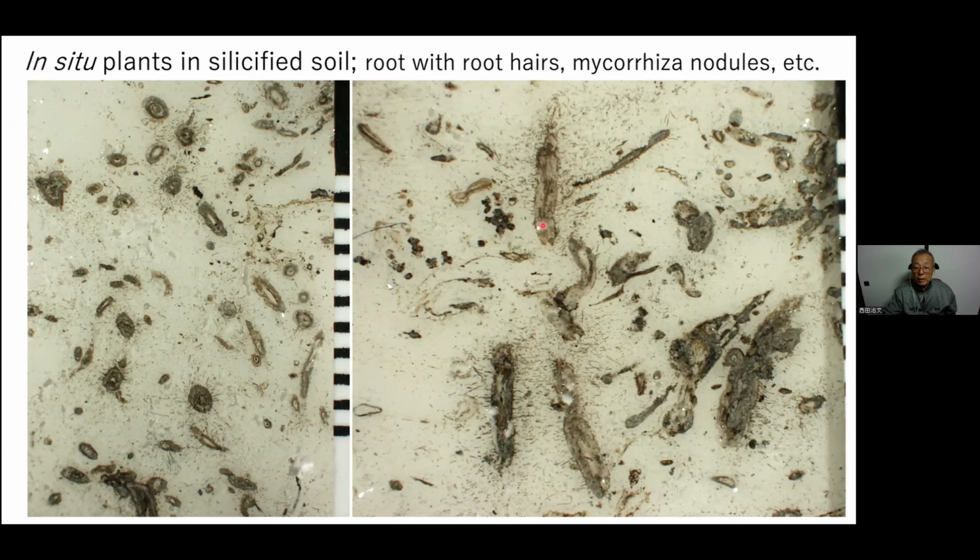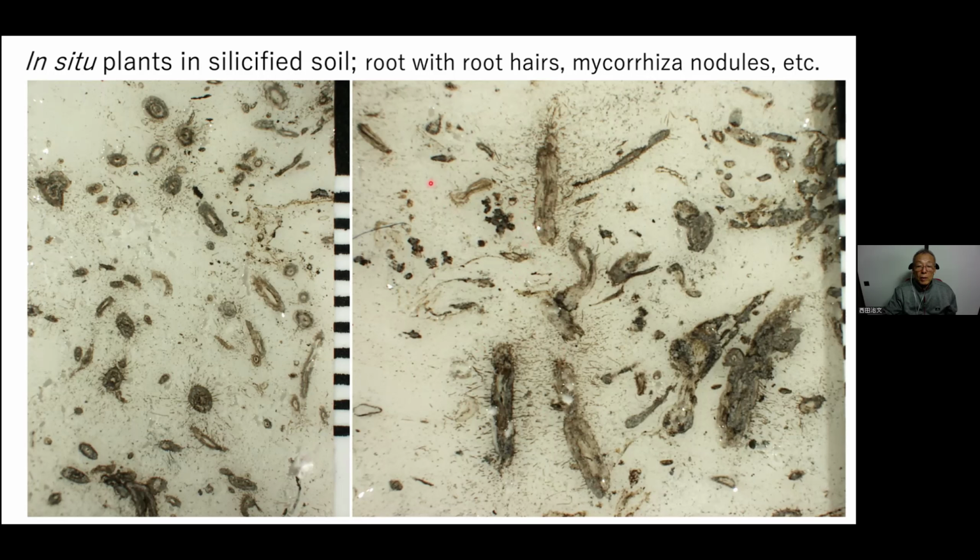And these are vertical roots in the soil. And you can see tiny fragmentary structure here. These are root hairs of these roots. So the preservation shows root hairs and even the mycorrhizal structure attached to the root in the different sections.